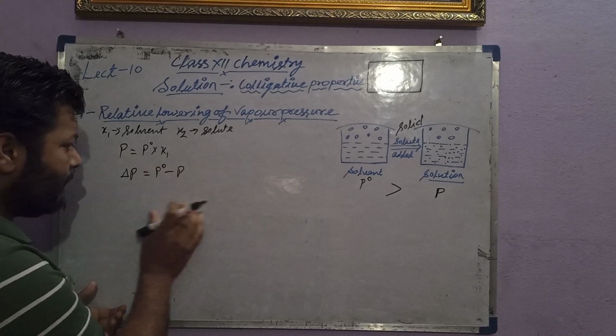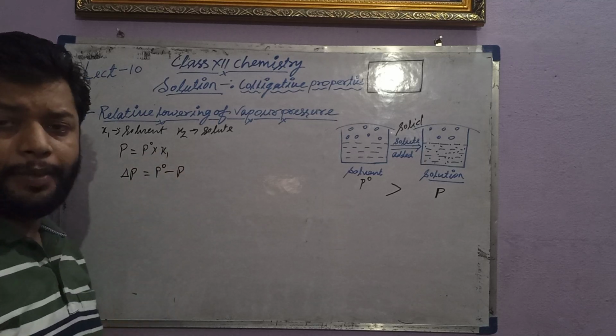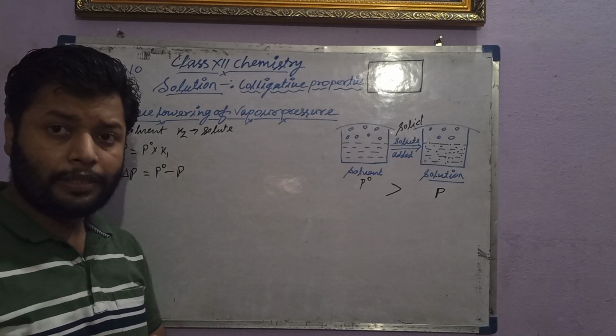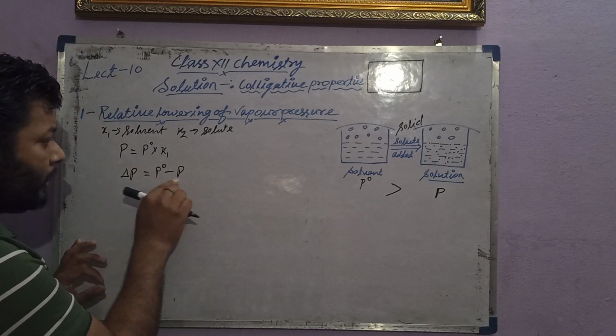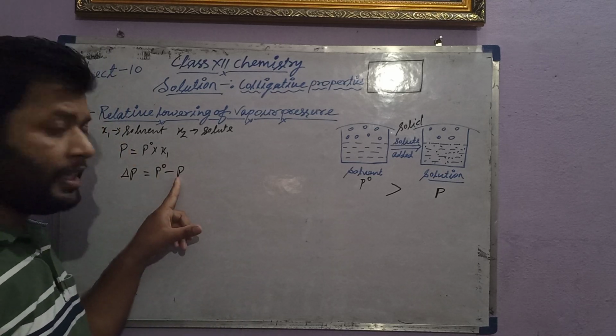So this can be solved easily. Class, are you ready? This can be solved easily if you put P naught into x1 instead of P.